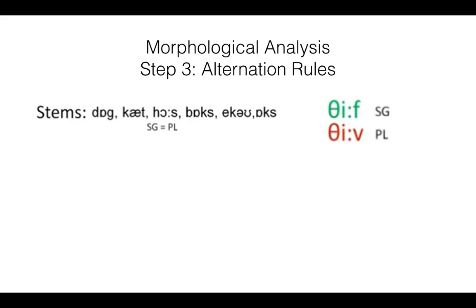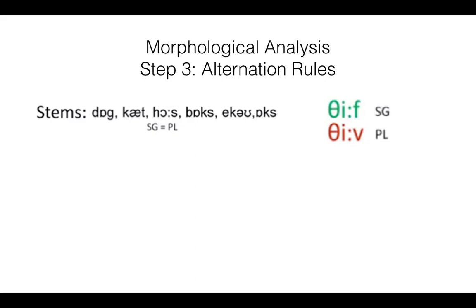So here, there are some stems, or some roots, or some original morphemes that do not change when in singular or plural. For example, we have dog, dogs, dog is the same. And then cat, cats, no change. Box or whatever, horse, horses. The stem doesn't change.